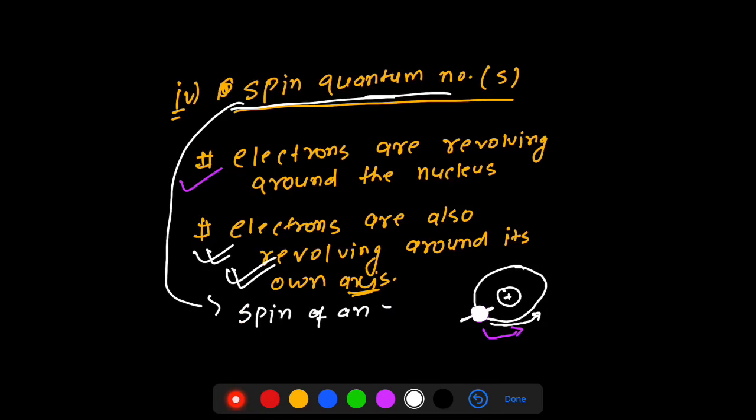As the name suggests, it deals with the spin of an electron along its own axis. So this deals with the spin of an electron along its imaginary axis, right? Now, if an electron is spinning, there can be just two directions possible.